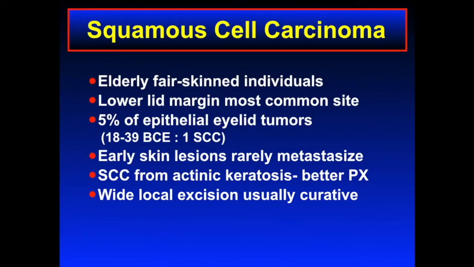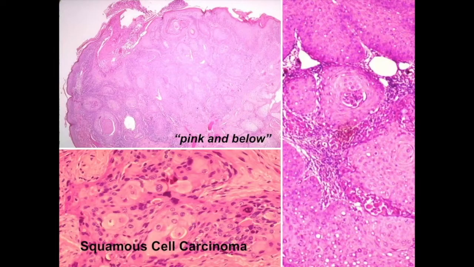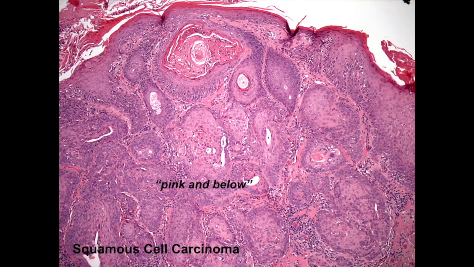Squamous cell carcinomas tend to occur in elderly patients who are fair-skinned, lower lid margins, most common site. Here's a rather spectacular example from the old Philadelphia Veterans Hospital. Again, sebaceous carcinomas are pink and yellow. Here's another example at the eyelid margin, eosinophilic and invasive.